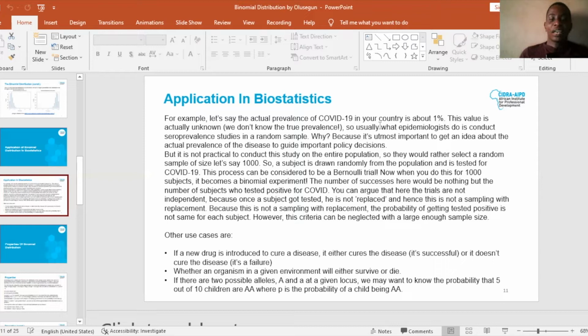If there are two possible alleles, uppercase A and lowercase a at a given locus, we want to know the probability that 5 out of 10 children are double uppercase A, where P is the probability of a child being double uppercase A. So these are some other small examples of binomial distribution in biostatistics.